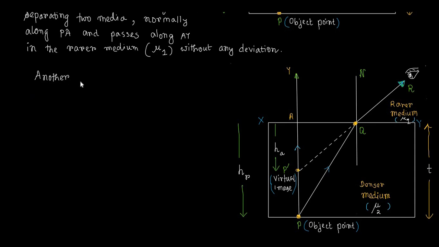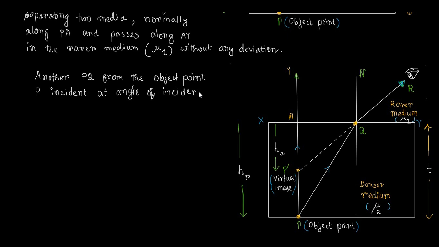Another ray PQ from the point object P is incident at an angle of incidence i on the interface at the point Q on the interface xy.